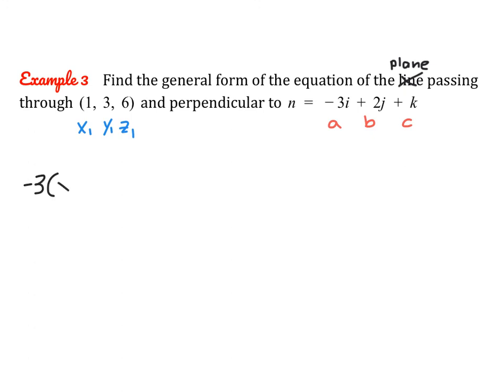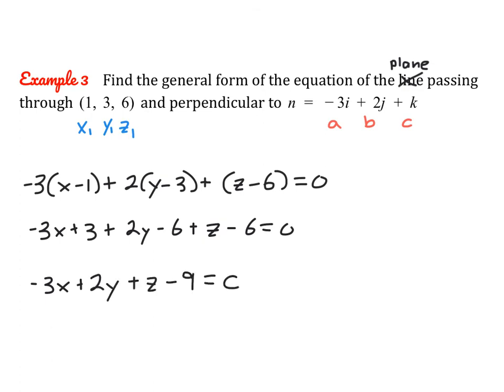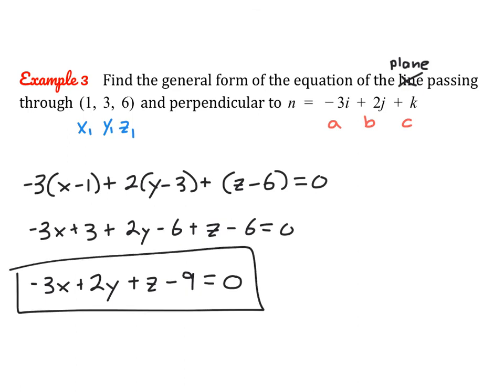So we'll do a times x minus x1 plus b times y minus y1 plus c, which is 1, times z minus z1 equals 0. So this is the standard equation. Now we just need to put it into general form. So I'm just going to distribute everything out and combine like terms. So we're left with negative 3x plus 2y plus z minus 9 equals 0. And there you have it.